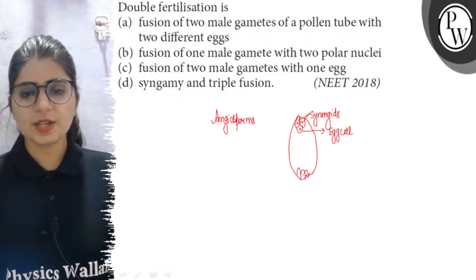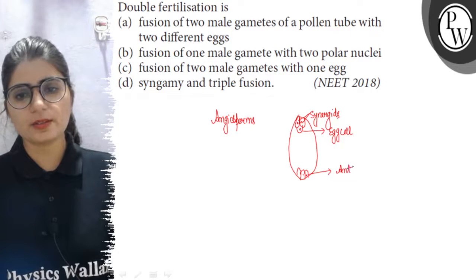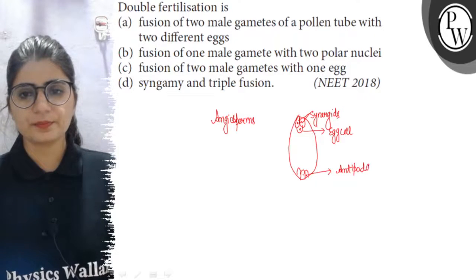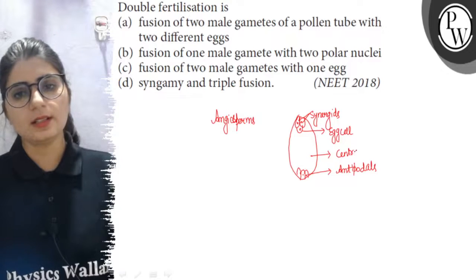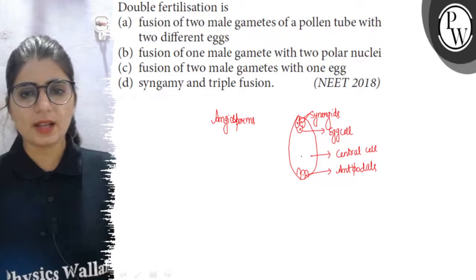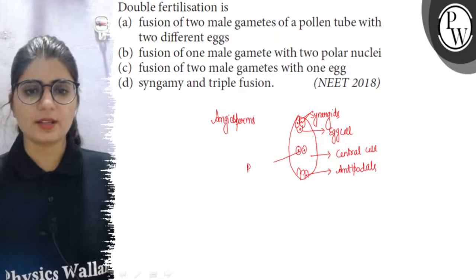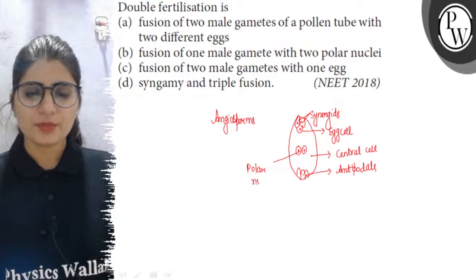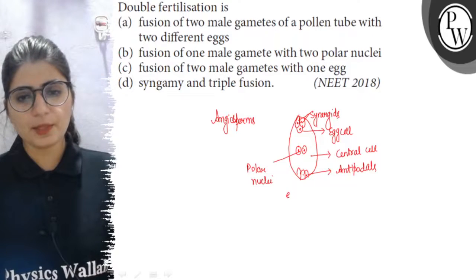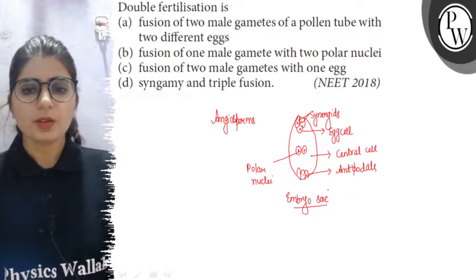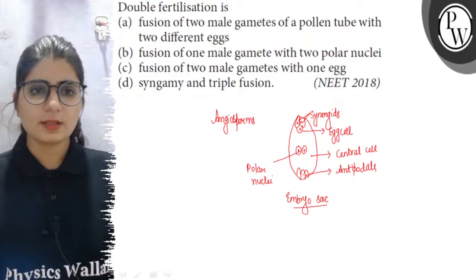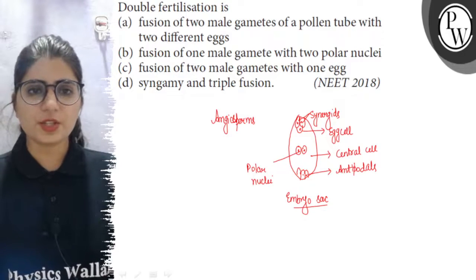These three at the chalazial end are the antipodals or the antipodal cells, and one cell at the center is the central cell, and this cell is binucleate as it is having two nuclei which are called polar nuclei. So these are polar nuclei. So this is the structure of female gametophyte or embryo sac of a flowering plant.